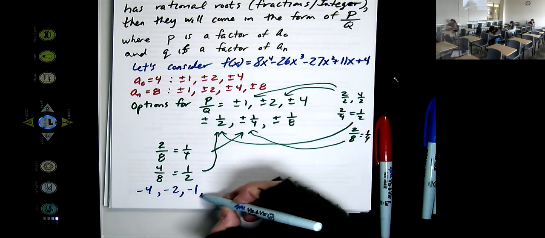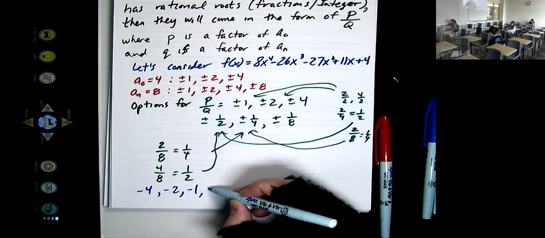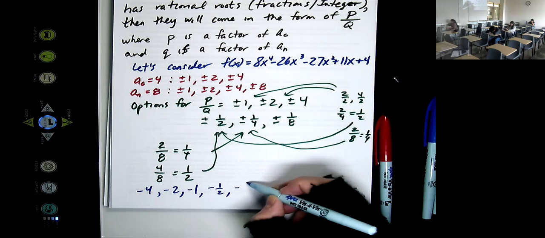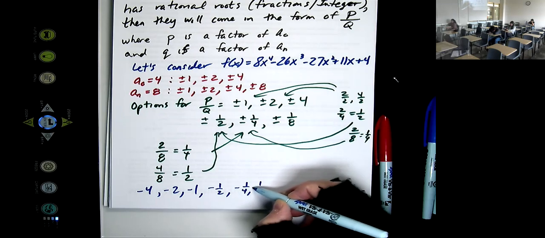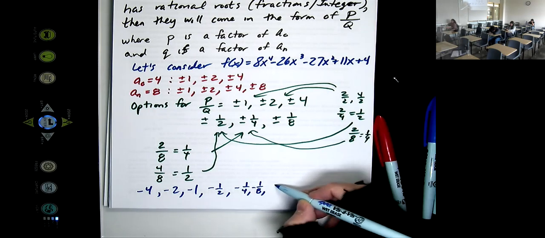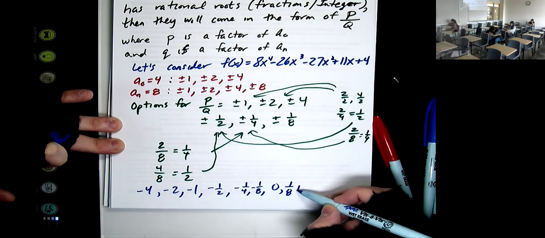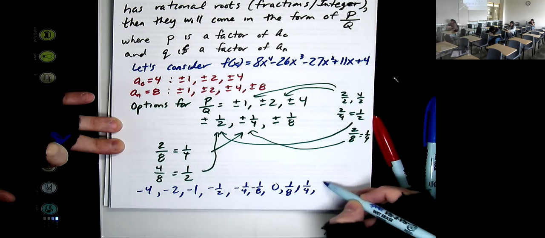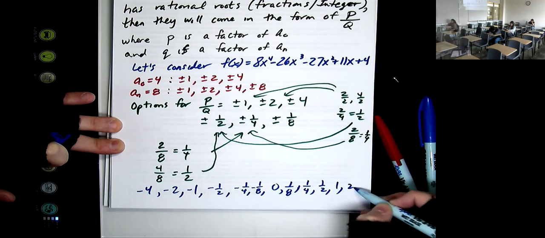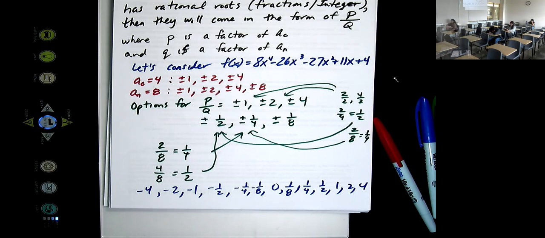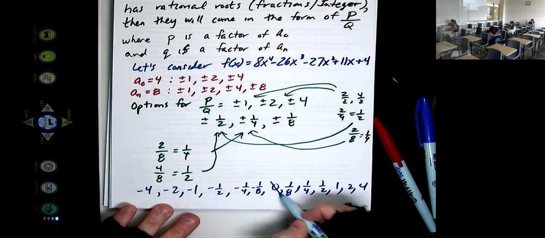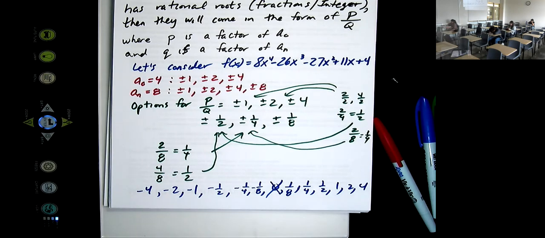And then as I get closer to 0, the denominators get bigger for fractions. Zero is not an option, because my constant isn't 0.